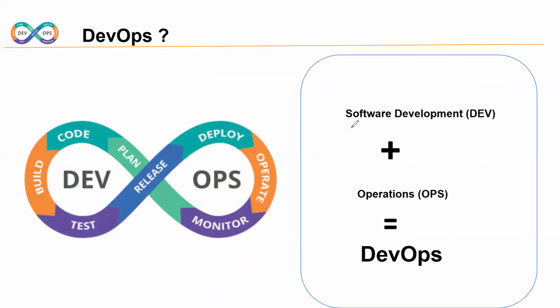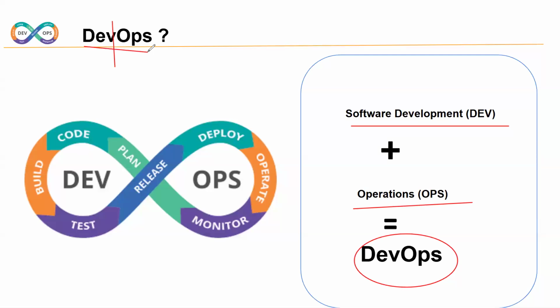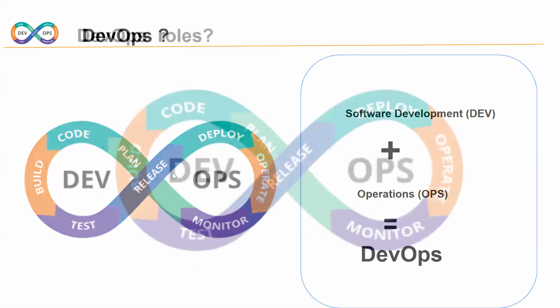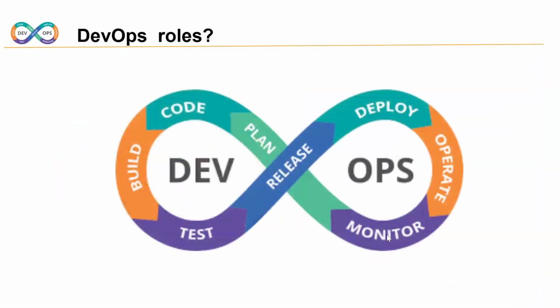The combination of software development plus operation, we call DevOps. In this DevOps process, what exactly are we going to do? Are we going to be writing lines of code?